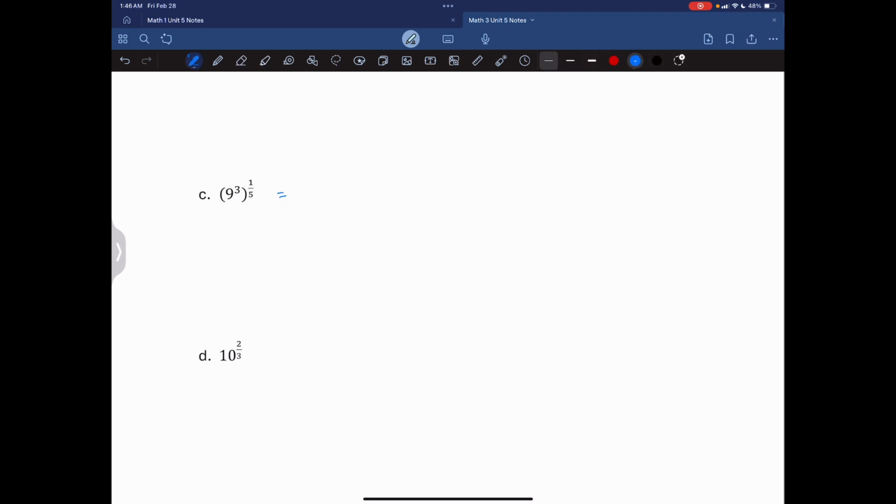If I go ahead and do 9 to the 3/5, well, we can't really take the 5th root. So what I'm going to do is rewrite this 9. This is one way to do it. You can do it a myriad of different ways. I can rewrite this so it's 3 squared all raised to the 3/5 power, which would turn into 3 to the 6/5, right?